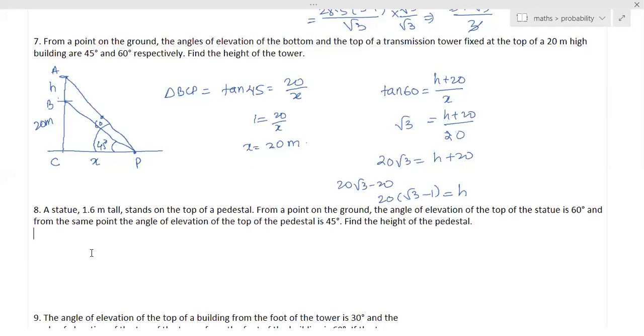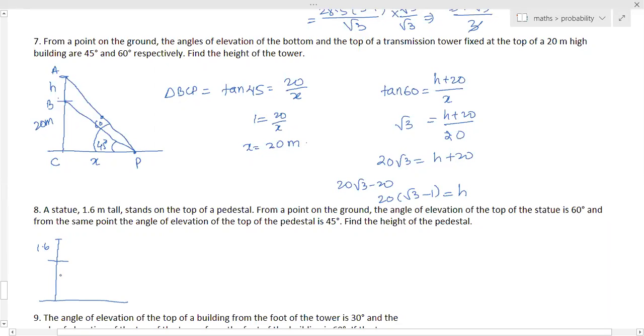Next question. A statue 1.6 meter tall stands on the top of a pedestal. This is a pedestal, that is a base of the statue on which it stands. And this is the statue which is 1.6 meter. From a point on the ground, the angle of elevation of the top of the statue is 60 degree.